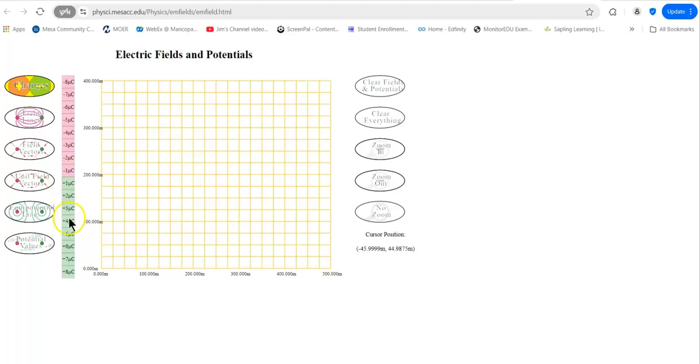Okay, and the positive charge will be green. So I'm just going to go ahead and grab a little positive charge and place it right here. Okay, so it's kind of cool. You could drag and drop these little guys, and you can move these charges around. So this is the simulation, and we'll go through the simulation as we're going through these rules.